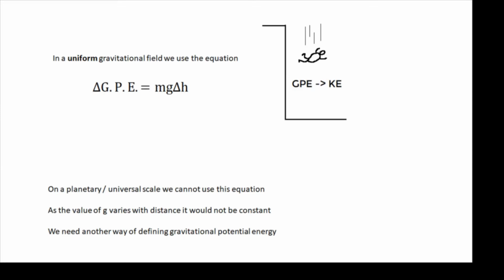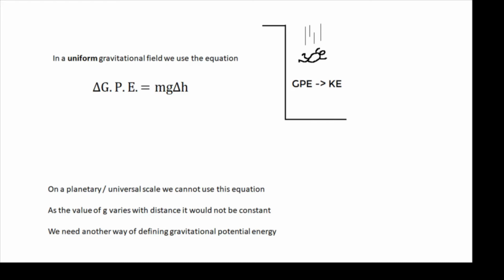Well, in the first year when you did GPE and at GCSE, hopefully you recognize delta GPE equals mg delta h. And we can do this in a uniform field. Force times distance, mg times delta h. Now, on a planetary universal scale, you can't use this equation because g isn't constant. g varies with distance.